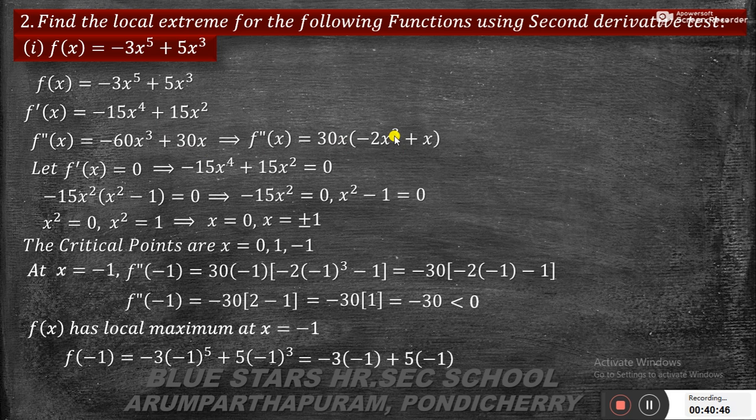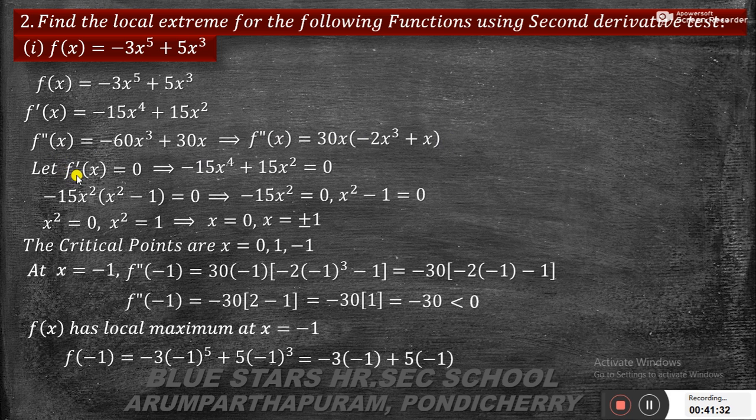So minus 2x square, and plus 1 from the second term. So the answer for f double dash of x is 30x into minus 2x square plus 1.